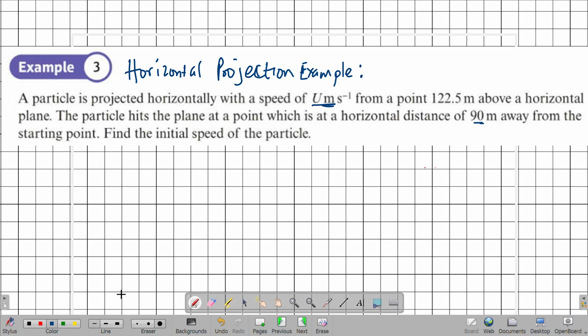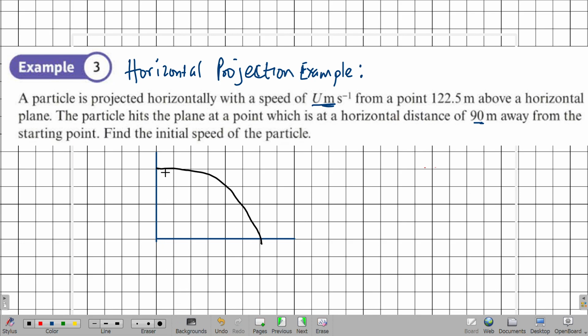What is very important here, before you answer this question, is to quickly recall what a projectile motion is, especially in the sense that it is horizontal. So a horizontal projectile motion has a trajectory that looks like this.